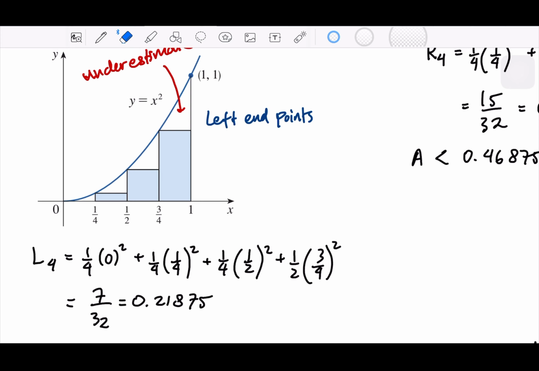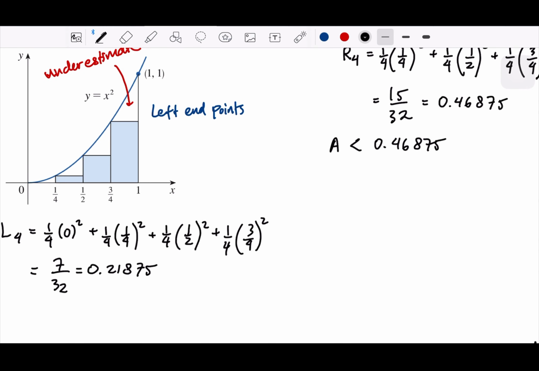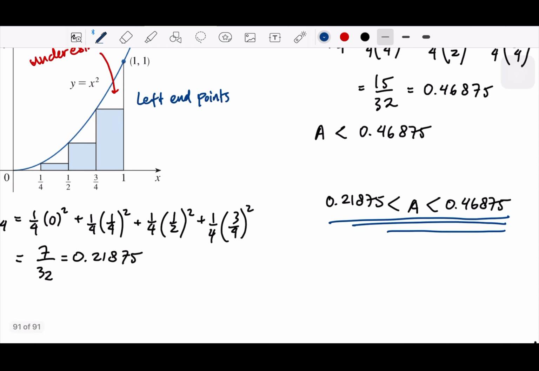Why am I writing 1/2? I also don't know why I'm writing 2. So the area is between 0.21875 and the other number.